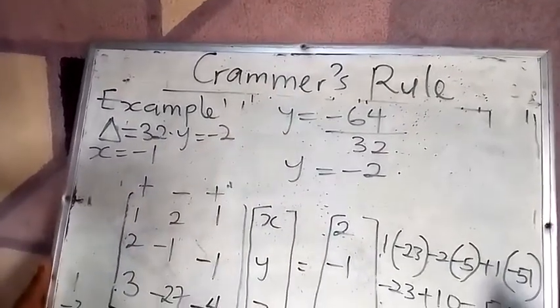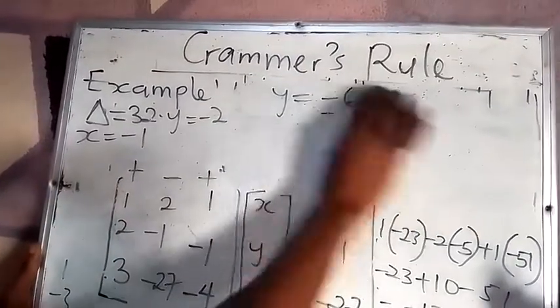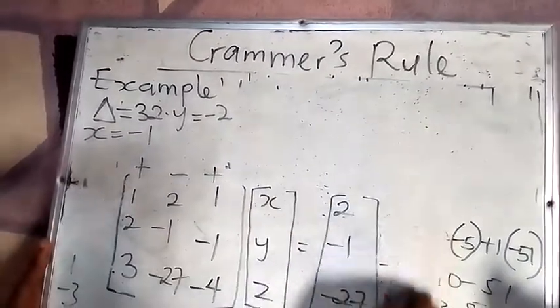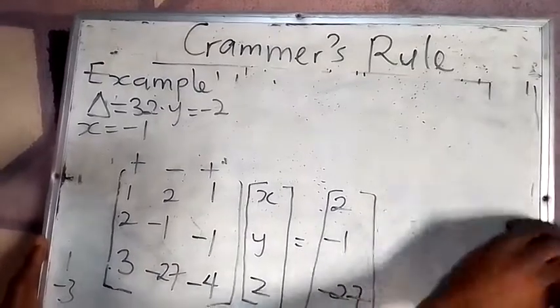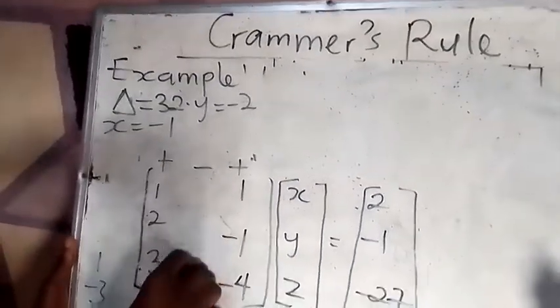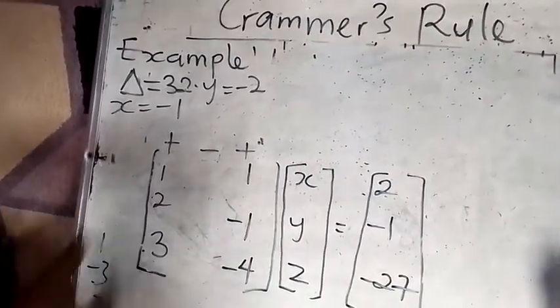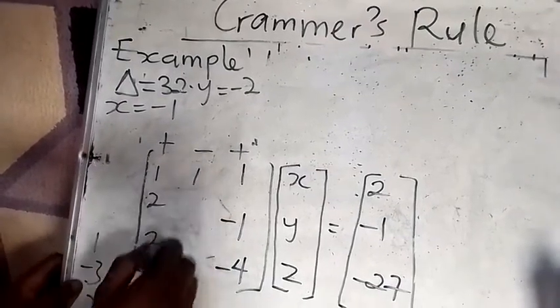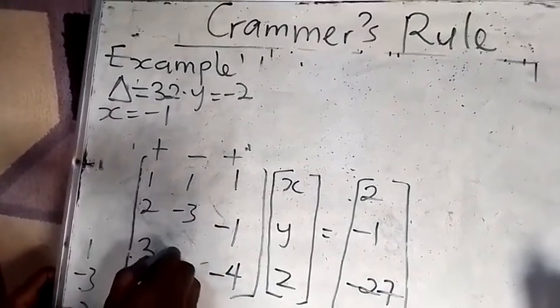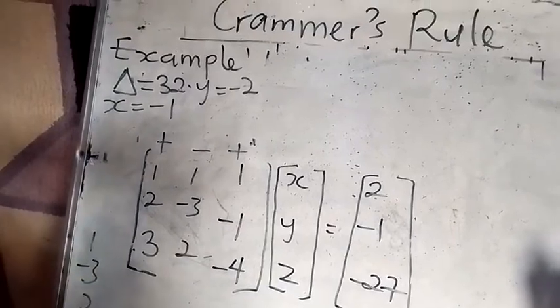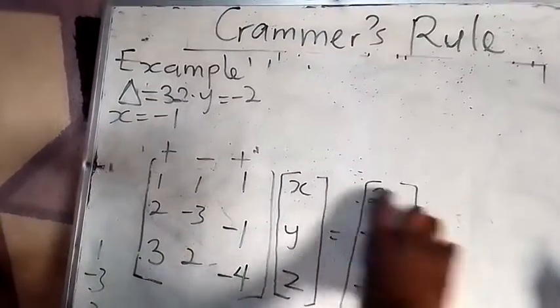So lastly, to get z. Returning back, that is 1, that was there before, minus 3 and 2. We have to return it back. So we are bringing this one here, this time around.